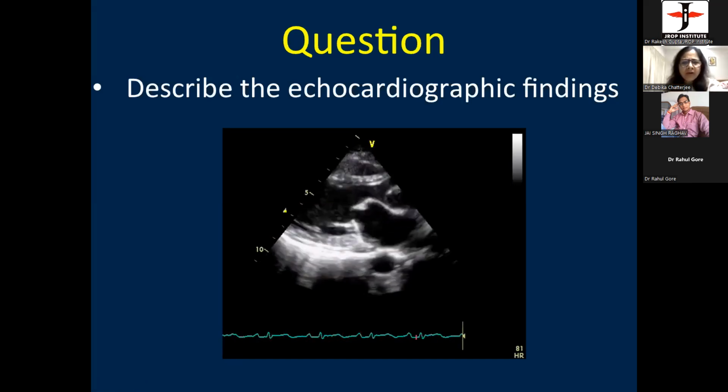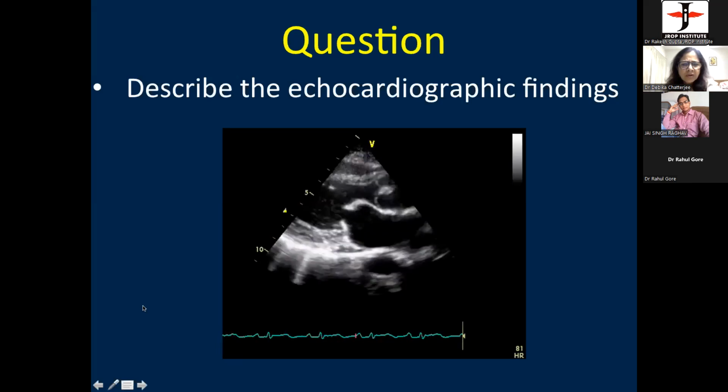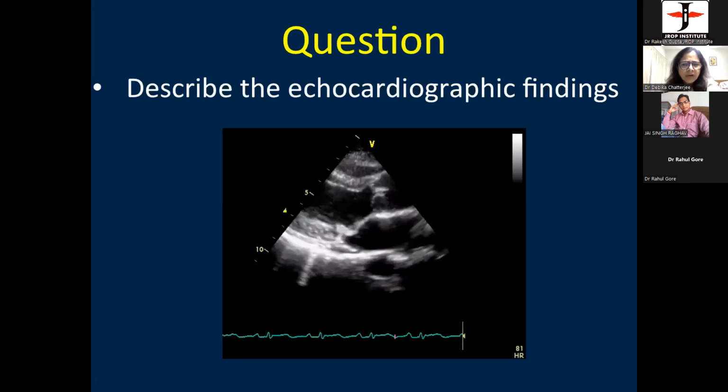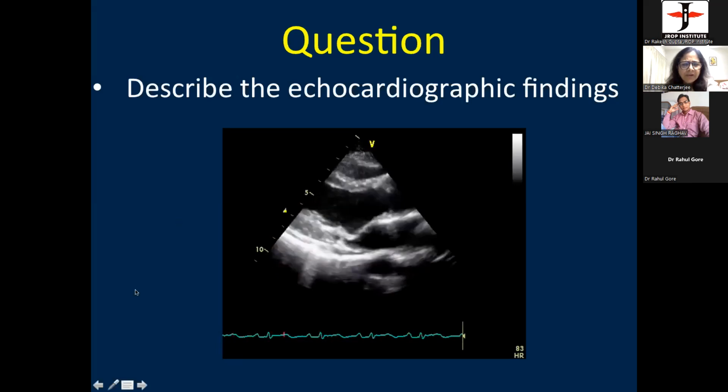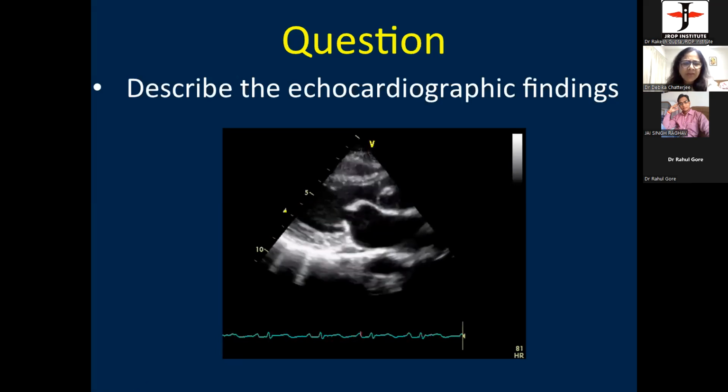You say clearly which disease this is. Ma'am, rheumatic mitral valve disease. Rheumatic heart disease with mitral involvement. Is it MS or MR? Ma'am, it is MS. These are the findings suggesting mitral stenosis.